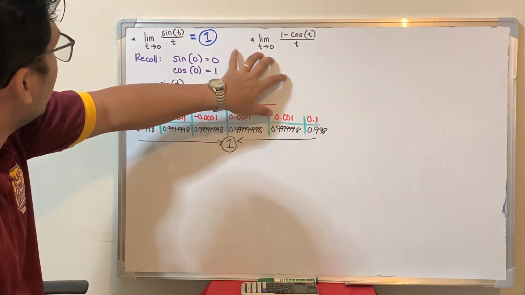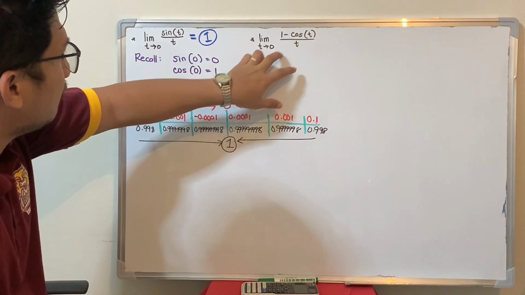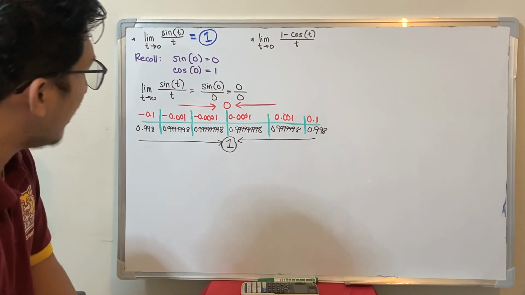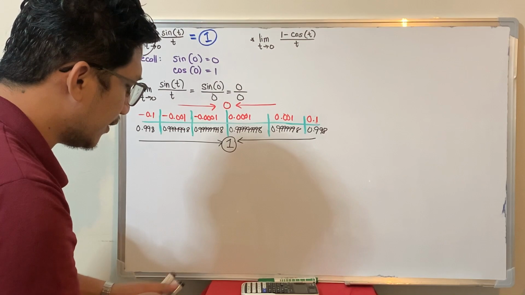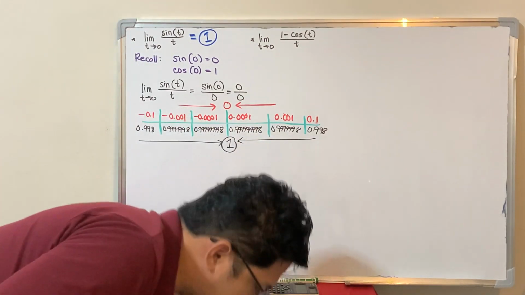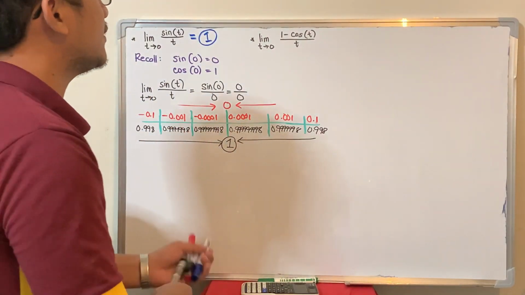And also for this one, earlier for the second, we have the limit of 1 minus cosine t all over t as t approaches 0. If we do the same, earlier we checked using substitution. So let's substitute 0 into this function.